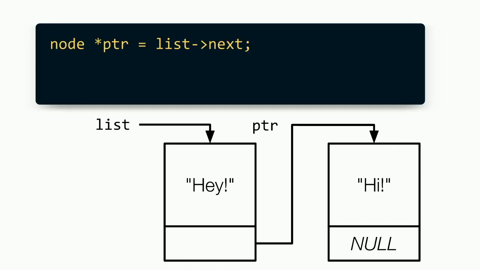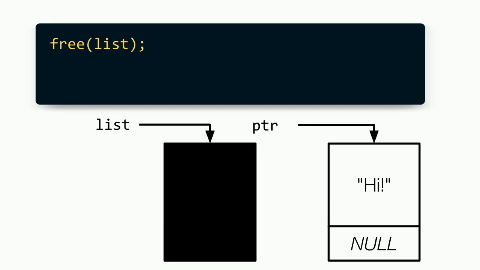So what do we want to do instead? So instead what we might consider is creating a pointer called ptr here, and we're going to set that to list next. And so now the address of that second node that before I orphaned, I'm saving this in a temporary pointer. So now I can free list, and I still have pointer pointing to the next node.